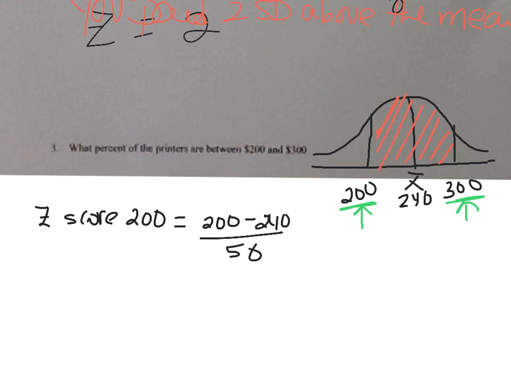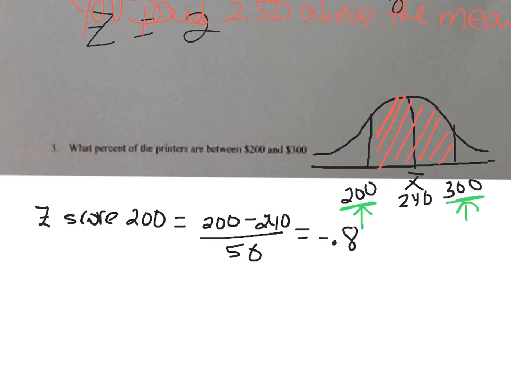Because it's the value minus the mean, divided by your standard deviation, which is 50. So when you plug that into your calculator, you get negative 0.8. So that's my z-score for 200.